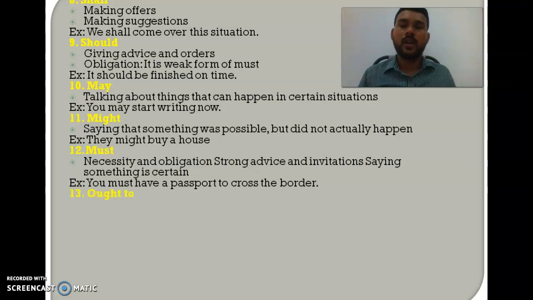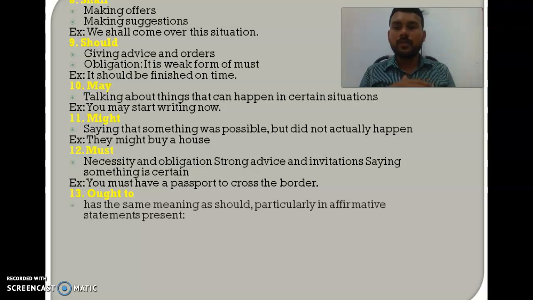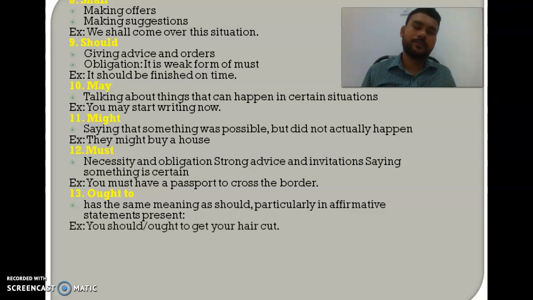Now you understood how to use should and must. The next one is ought to. Ought to has the same meaning as should, but it is used particularly in affirmative statements in the present. So basically people use, you should get your hair cut.